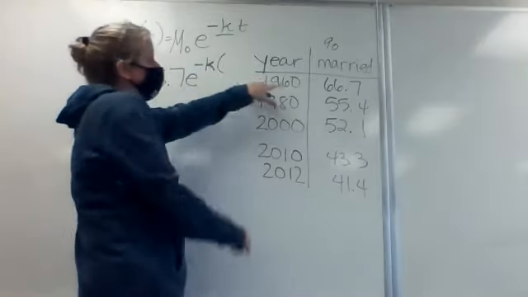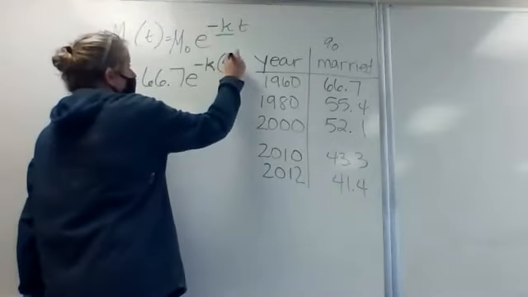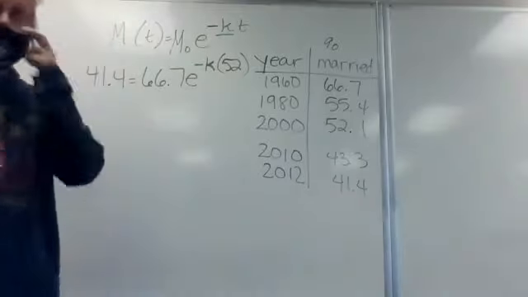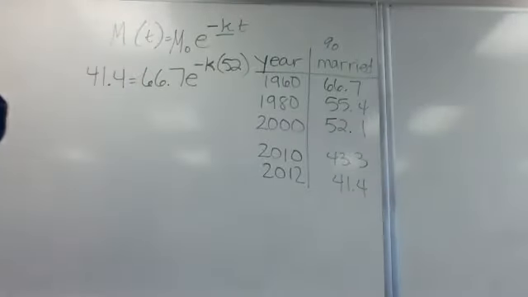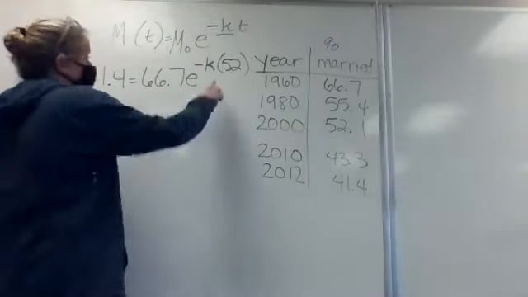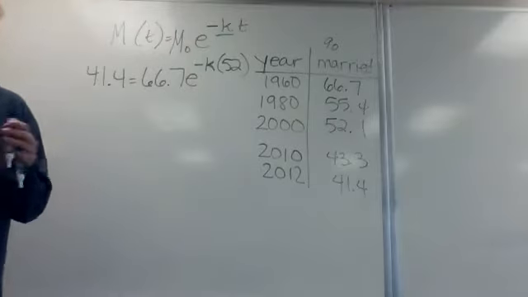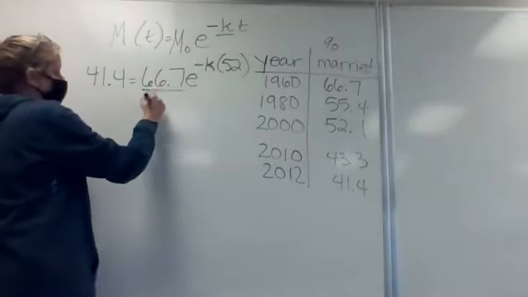So how long did it take to go from 66.7 to 41.4? 52 years. So I'm solving for K. So let's see, the first thing, which means I'm eventually going to have to ln both sides to get it out of the exponent. But before I do that, I'm going to get rid of the 66.7.